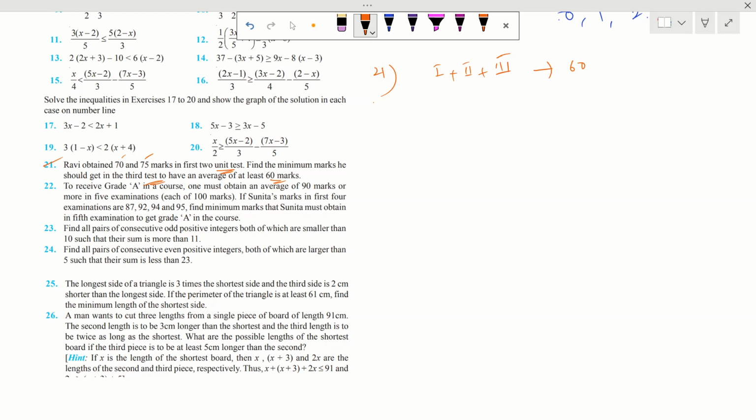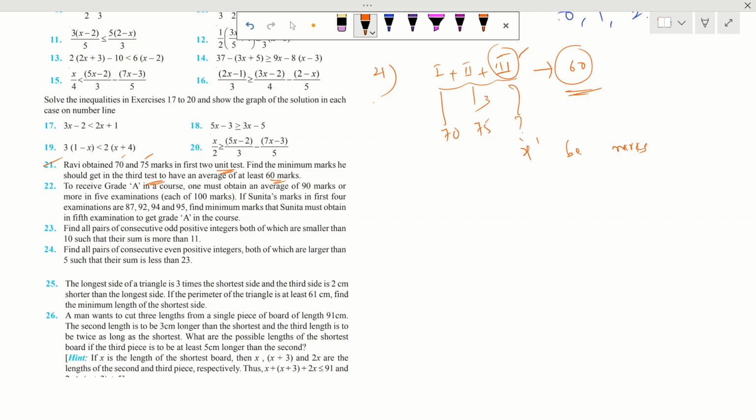If we add the marks of three tests and divide by 3, then the average should be 60 marks. The marks of the first test are given as 70, and 75 is given, and what should be the minimum marks for the third test to get an average of 60? Okay, this is a simple problem. Let x be the marks of the third test.